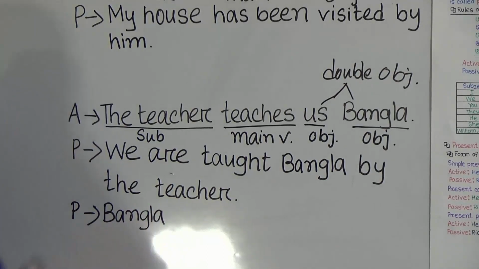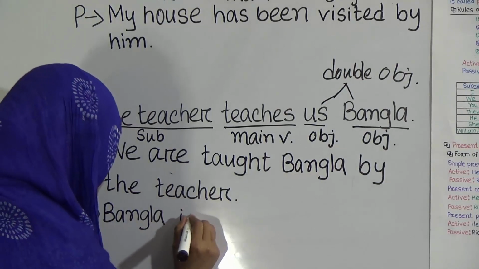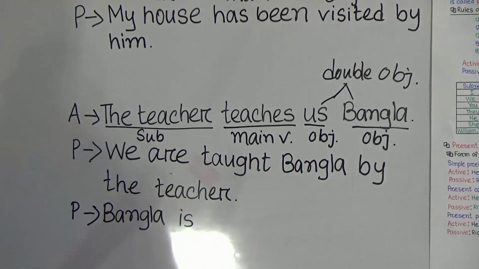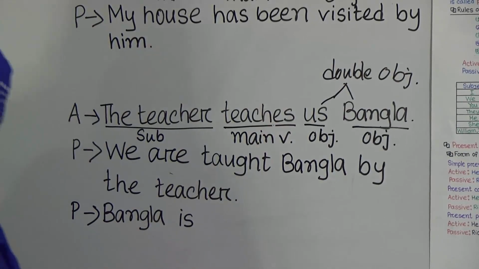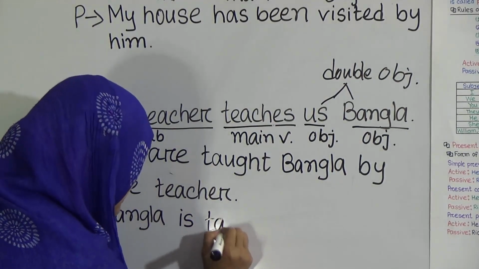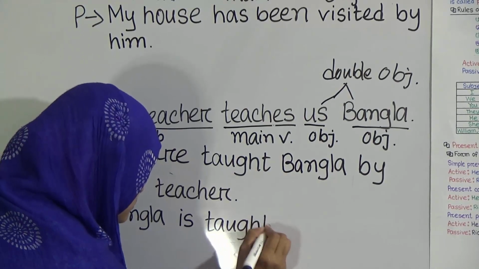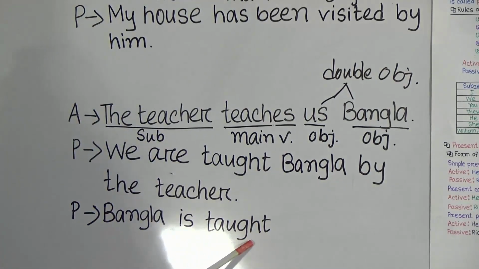Bangla is the name of the subject, it is singular. So we have to write Bangla is. Then the past participle form of the verb teach is taught, T-A-U-G-H-T. Bangla is taught.